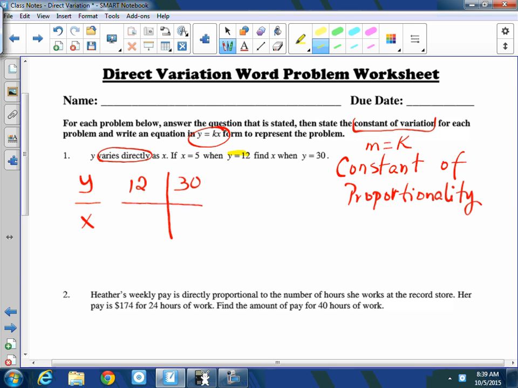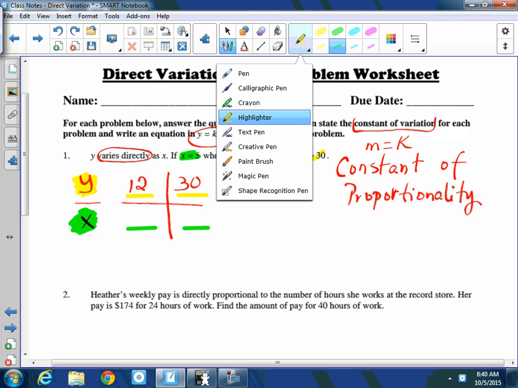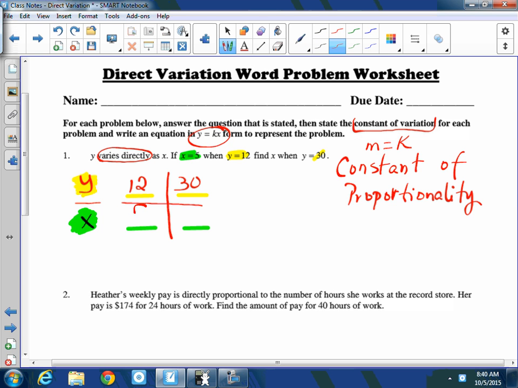You can do the y's in one color and the x's in another. This one is yellow, and then the other one would be green. So what number goes over here at the bottom? 5. Do we know how to solve this?